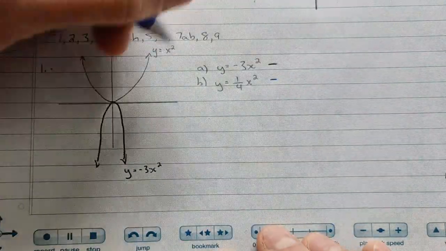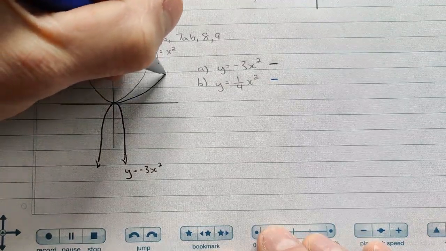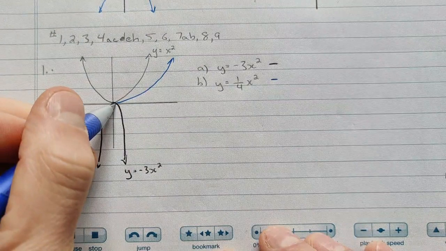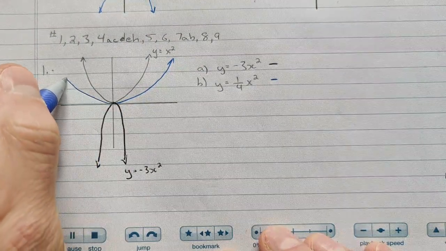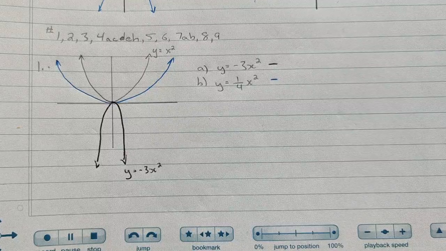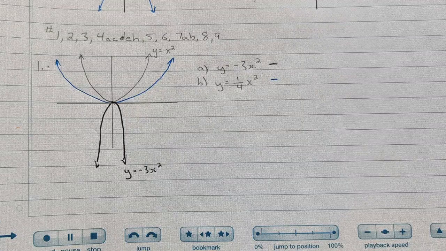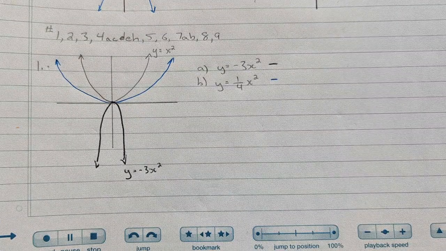So we're going to open upwards, but a wider graph. And we're just sketching this, so keeping it kind of accurate in general: stretch, compress, shift left, right, up, down.